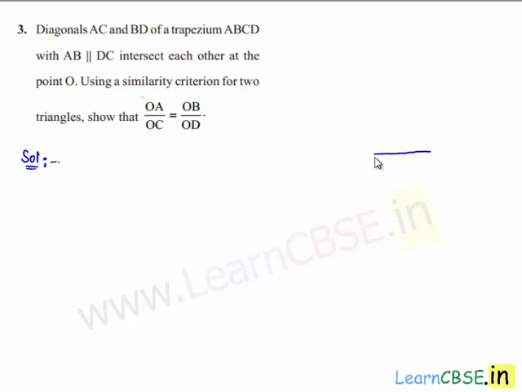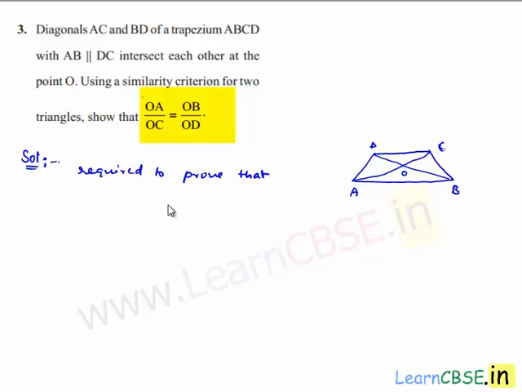Let us consider a trapezium ABCD with AB parallel to DC and BD and AC be the diagonals intersecting at O. Then we are required to prove that OA by OC is equal to OB by OD.